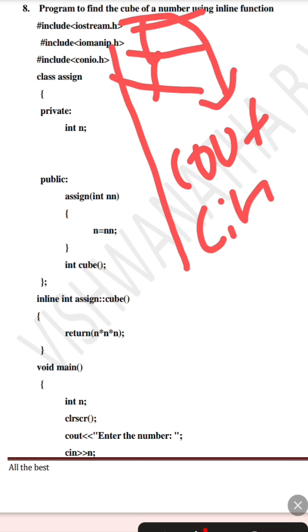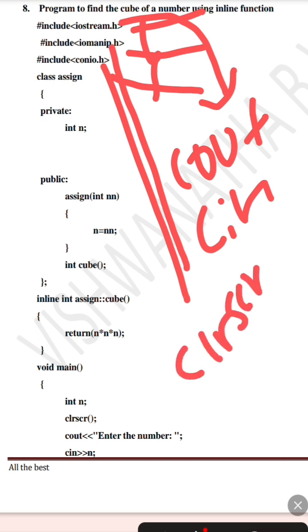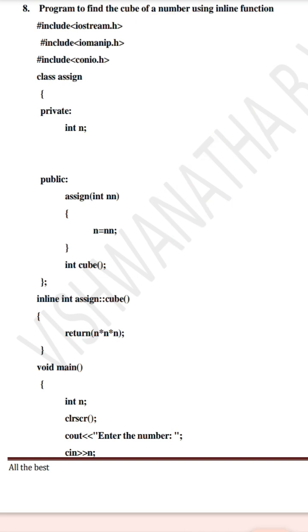If we want to use any manipulator, that is endl and setw, we must write the header file #include <iomanip.h>. Why do we need the third one, conio.h? If you want to use clrscr and getch in your program, you must write the header file #include <conio.h>. Now next we are going to write the class.